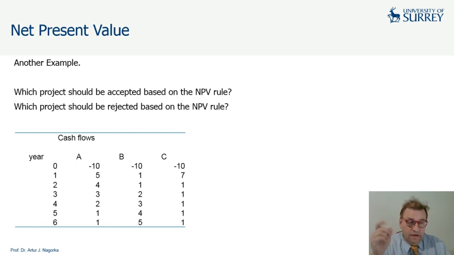We assume, maybe I have not written it here, I did not say that, obviously for ease, the interest rate is 10%. So we will use the same discount factors as in the previous example. So we should decide on the basis of 10%: should we accept any of these projects or reject them?